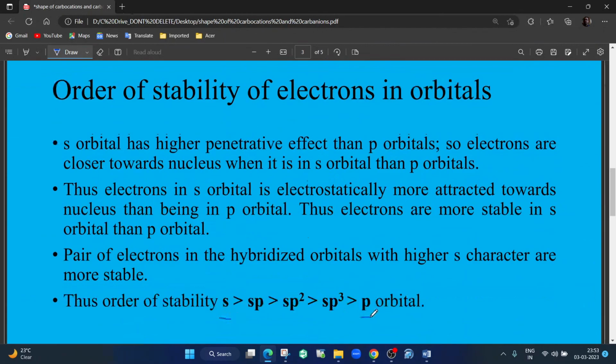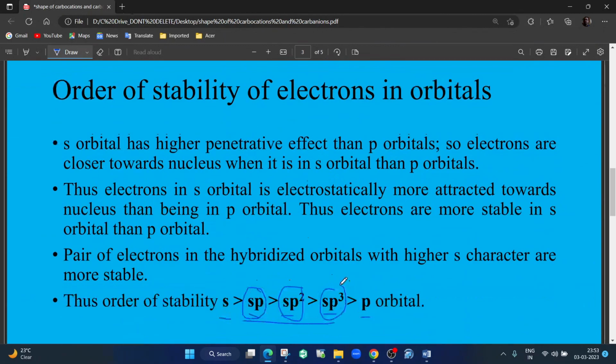Now let us talk about hybridization. So we know generally when s and p combine, they form sp, sp2 and sp3 hybridized orbitals. Now sp has 50% s character, sp2 has 33% and sp3 has 25% s character. That means sp orbital is closest towards nucleus, then sp2, then sp3, right?